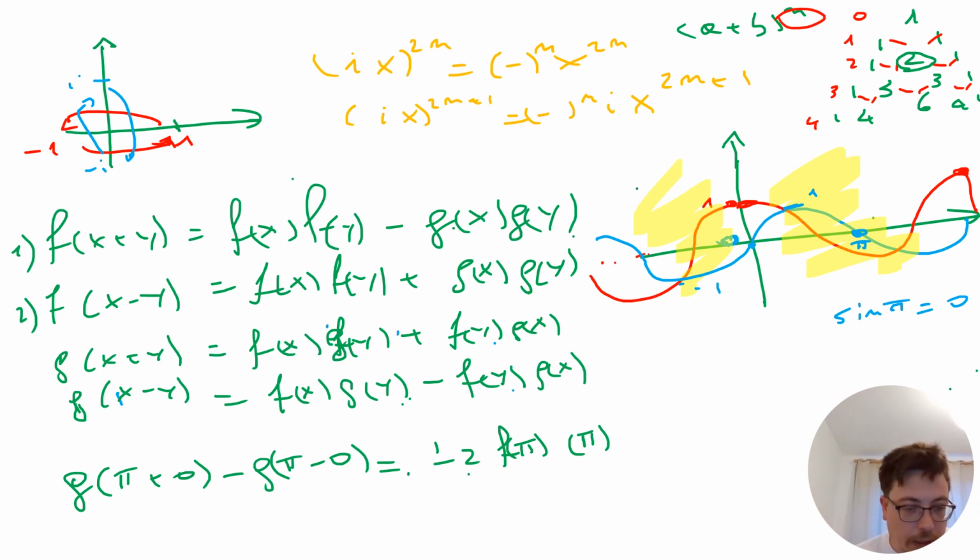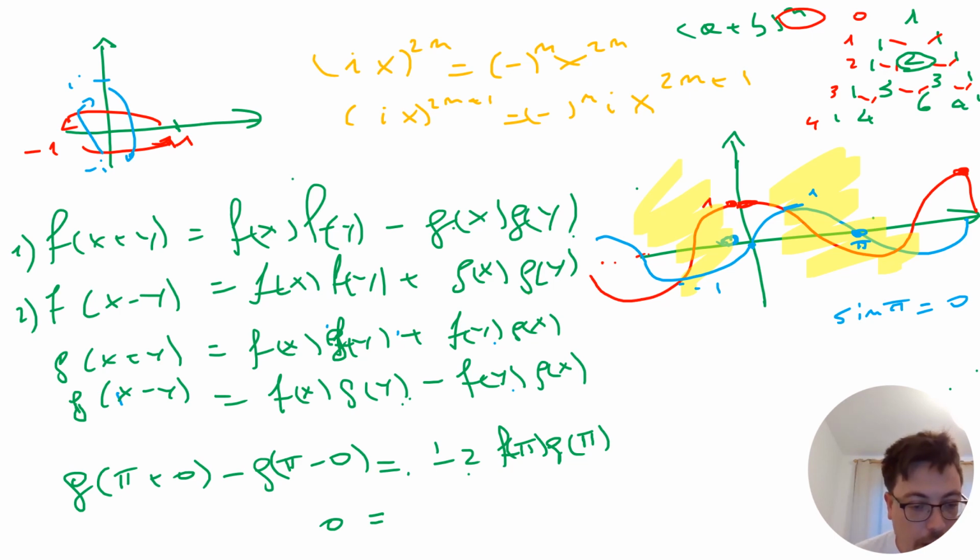Okay, f of pi, g of pi. Let's see if we can get this done. So g of pi, and g of pi is 0. So we get that, and we know that f of pi is 0, so we don't get much out of this equation.